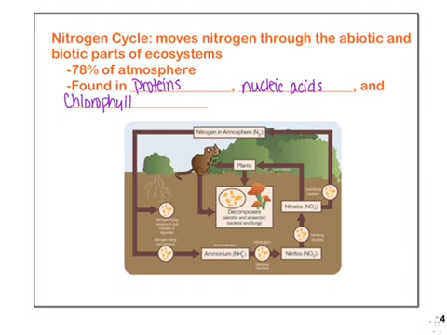So if you want your cells to replicate, to replace old and dead ones, you want to make new DNA molecules. We need plants to have chlorophyll so they can do their photosynthesis. You need proteins so your cells know what they're supposed to do, what their task is.